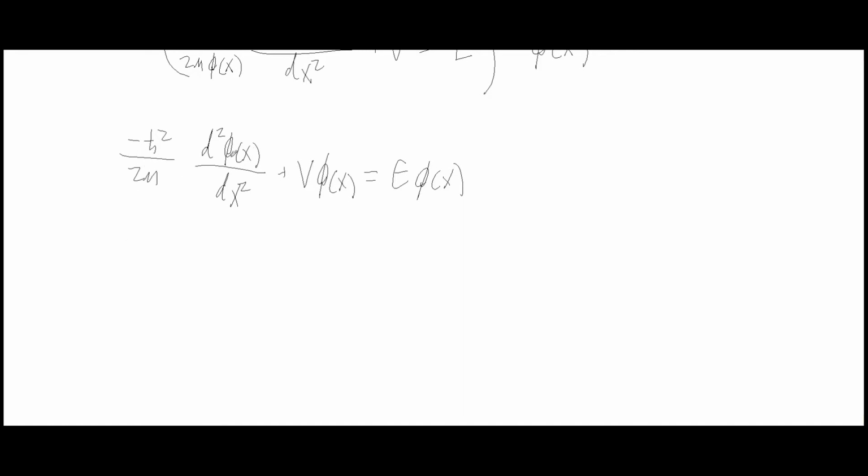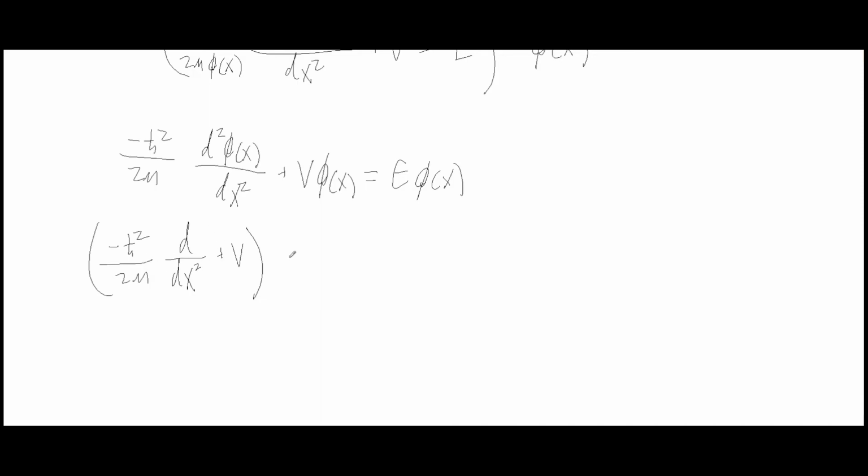We could factor out the phi as a function of x and say that we have minus h bar squared over 2m d dx plus V, and then we put that in parentheses, and this is now an operator.